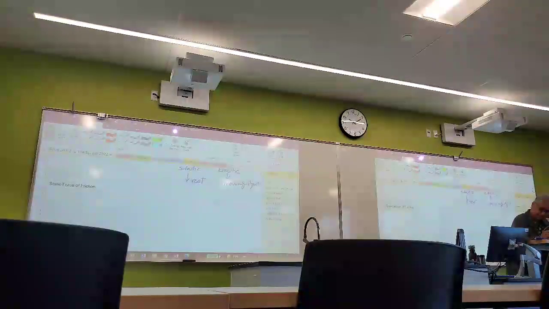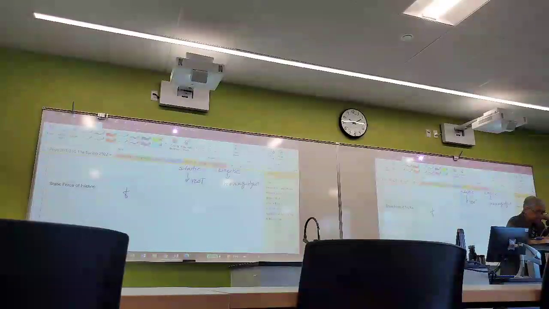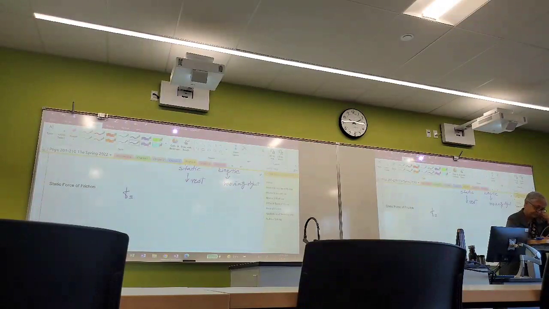Now let's consider static force of friction. Force of friction is represented by lowercase f, and static force of friction is represented as f sub s. S stands for static. Let's say here is an object sitting on a surface, and you apply a force of, say, 50 Newton, and the object doesn't move.